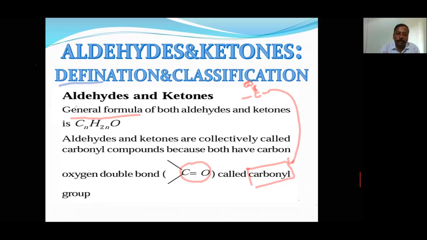So what are aldehydes and ketones? Any substance having the general formula CnH2nO is called an aldehyde or ketone. Actually, they both share the same general formula. Aldehyde and ketone are collectively called a carbonyl group. Suppose one fine day you are not aware whether it is an aldehyde or a ketone, then simply call it a carbonyl group.